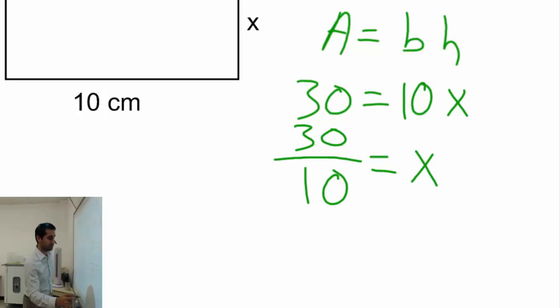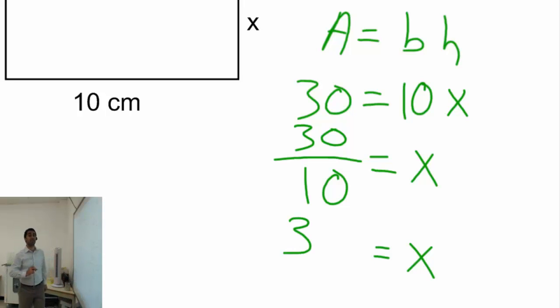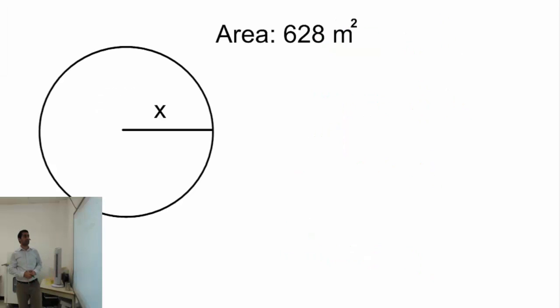What's that? 30 divided by 10. That will give you 3. Am I done? No, I am not. The unit is supposed to be centimeters.